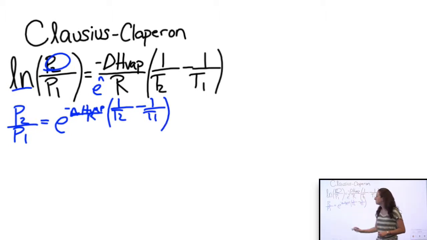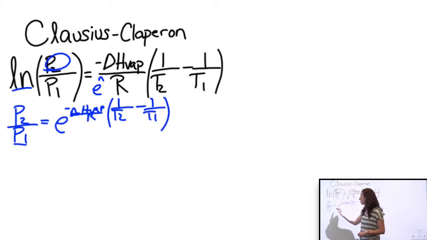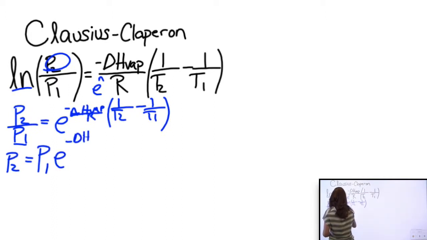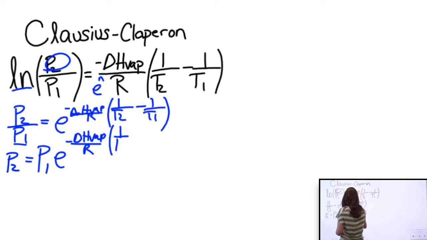So the next step is to simply multiply P1 over to this side of the equation. So you'll end up getting P2 as your final answer.